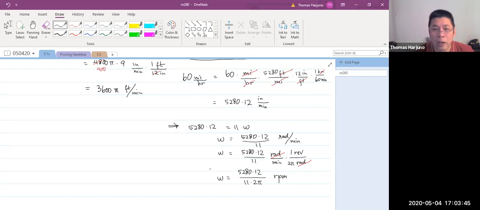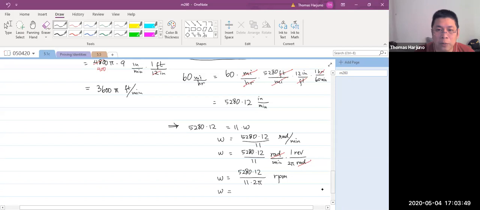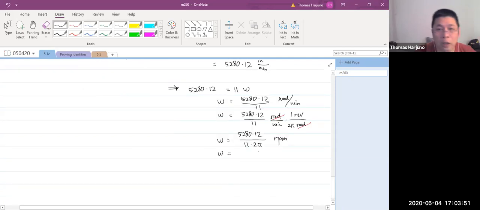I get omega, the angular speed, will be 916.73247 RPM. So in 1 minute it's spinning at 916 revolutions per minute, or 917 if I round it correctly.